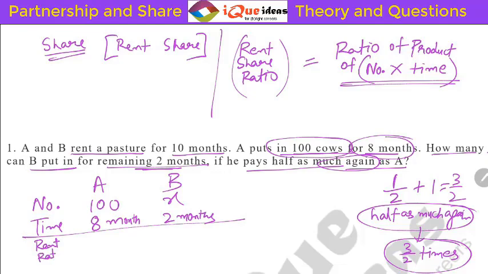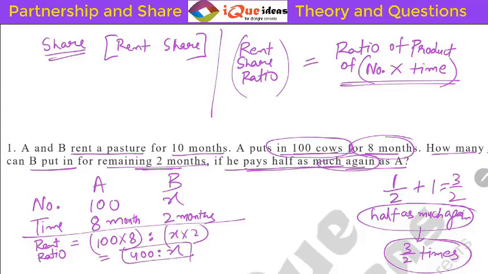What will be the rent ratio in this case? 100 into 8 is to X into 2. Now 100 into 8 is 800, or in fact 2 cancels, so 400 is to X. This is the rent ratio. But it's also saying B pays half as much again as A. That means the rent share paid by B is equal to 3/2 times A. So from here we have A by B equal to 2/3.